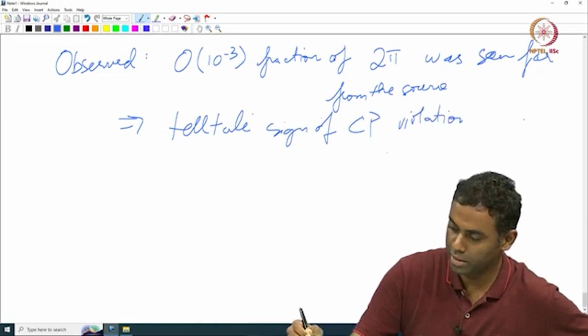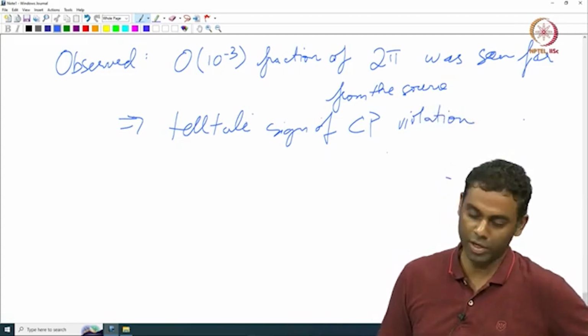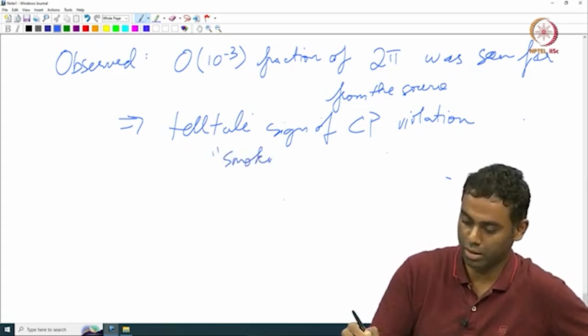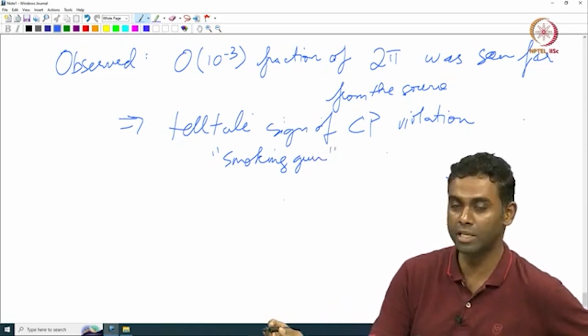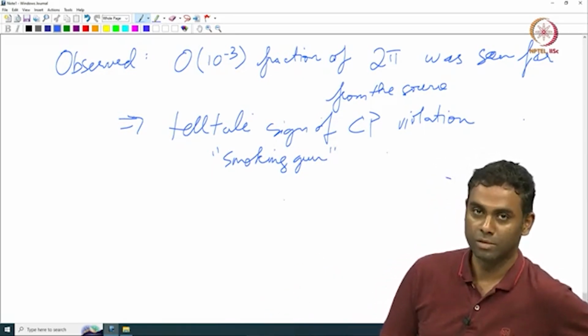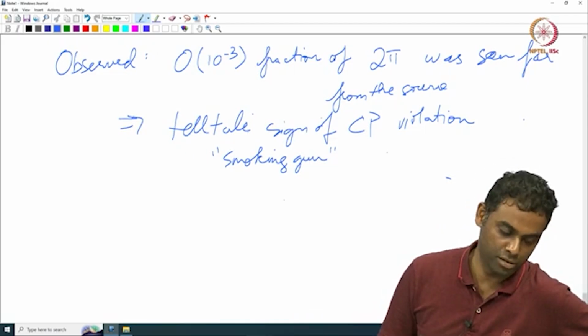Only if CP is violated could this happen, okay? Telltale sign or a smoking gun, whatever you want to call it. However long the experiment was run, they always kept seeing 2 pions far away from the beam, okay? So CP is not conserved in the weak interactions.